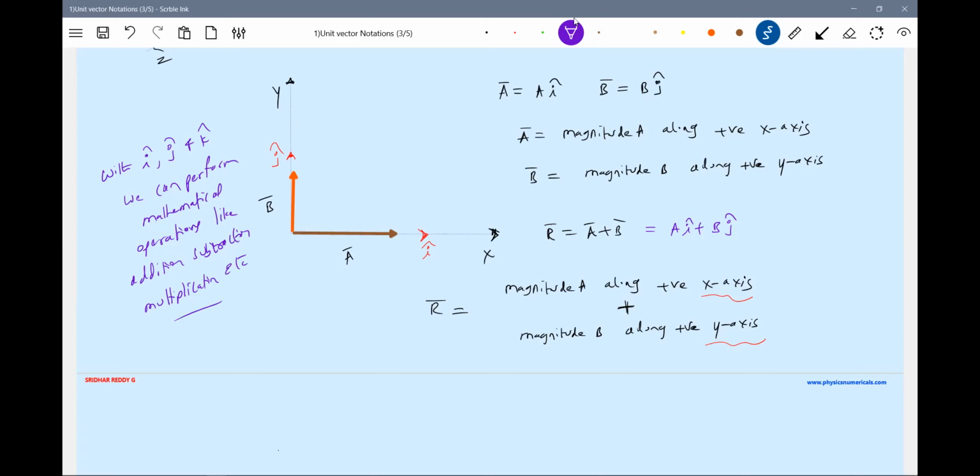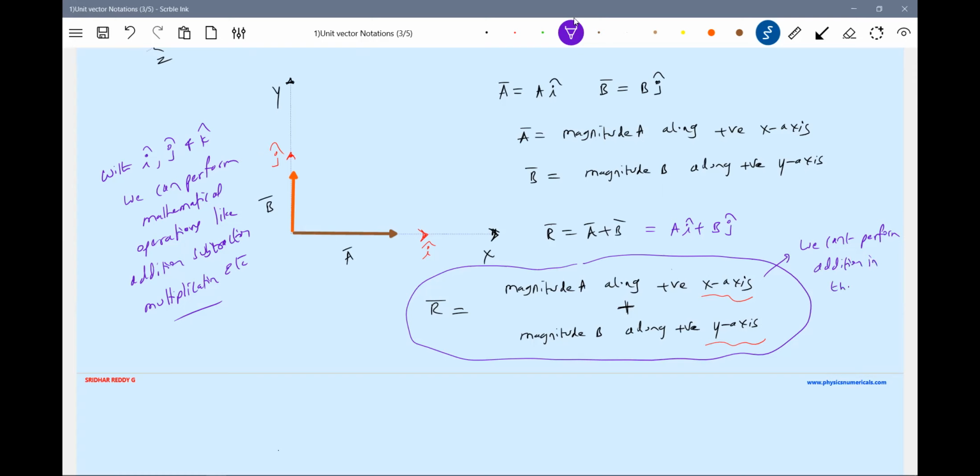I think finally that was our goal, no? We have to step into vector algebra, so unit vectors are going to help us. But you can't do this. This is not advisable. On paper, we can't perform addition in this notation or in this form. This is widely acceptable.